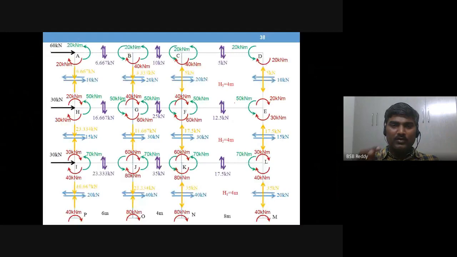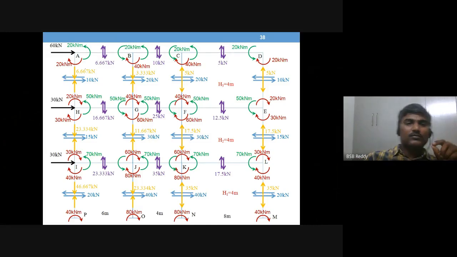Right. So now representing all the axial loads. You understand that these yellow, or gold colored, arrows are the axial loads. When you take joint A, you got a downward arrow. Whereas when you take joint H, the same is becoming an upward arrow because of equilibrium only.